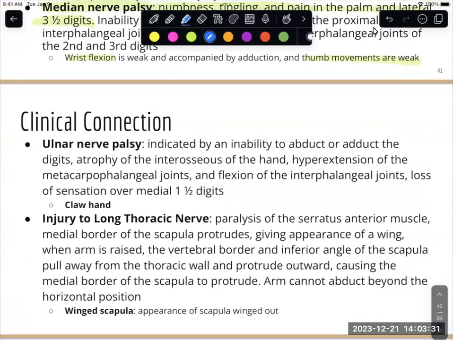Ulnar nerve palsy. You cannot abduct or adduct your fingers. You can lose sensation over those medial 1.5 digits.